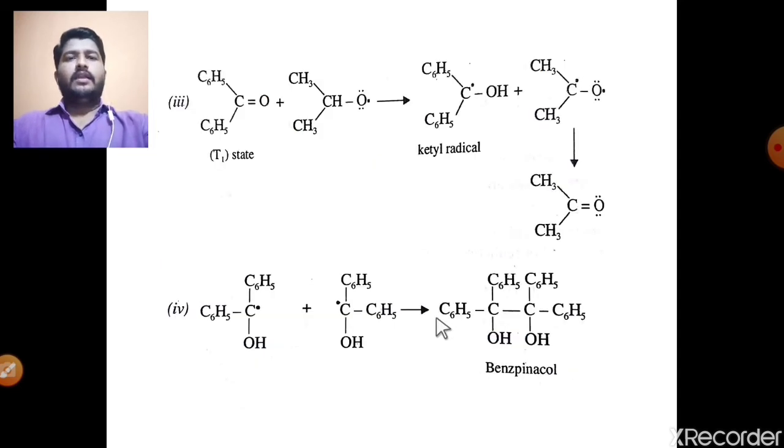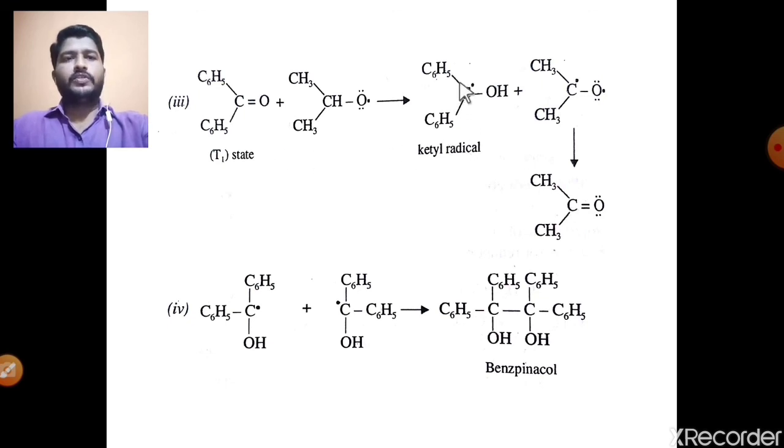See, then the next step, the third step: the second molecule of benzophenone, also in the triplet excited state, abstracts an H radical from this carbon of isopropyl alcohol and gives the second ketyl radical, and the isopropyl alcohol gives a C radical and an O radical. The combination of this C radical and O radical finally gives C double bond O, meaning isopropyl alcohol is converted into an acetone molecule by loss of 2 H radicals.